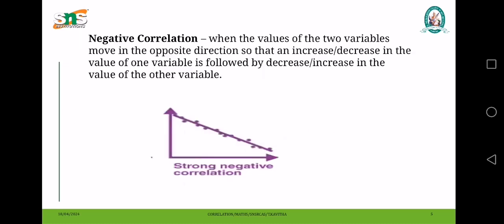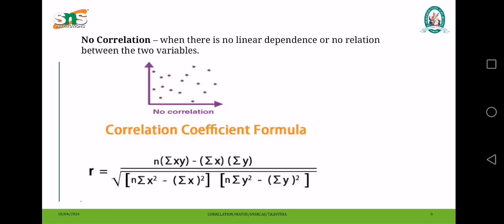Negative correlation: when the values of the two variables move in the opposite direction, so that an increase or decrease in the value of one variable is followed by a decrease or increase in the value of the other variable. No correlation: when there is no linear dependence or no relation between the two variables.